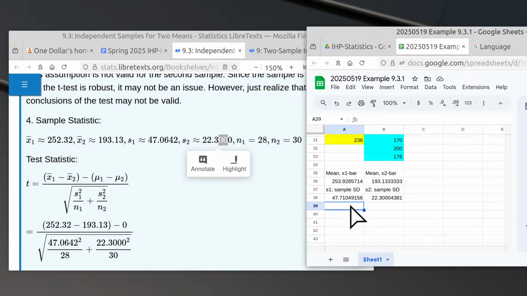And n1 is 28, and n2 is 30. Okay, now we have the basic information.